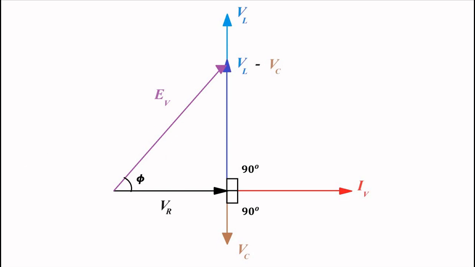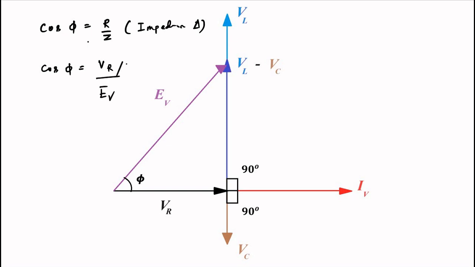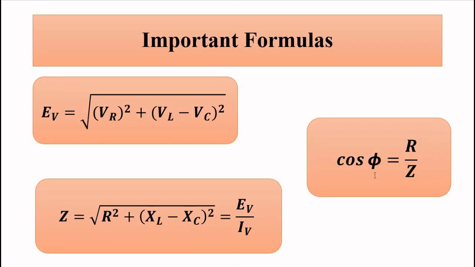It's the same thing, because cos phi is equal to R by Z if we take the impedance triangle into consideration, but if we take the voltage triangle, it will be VR by EV. If we divide by IV in both cases, we get the same R by Z. So it essentially means the same thing. These are some of the important formulas.